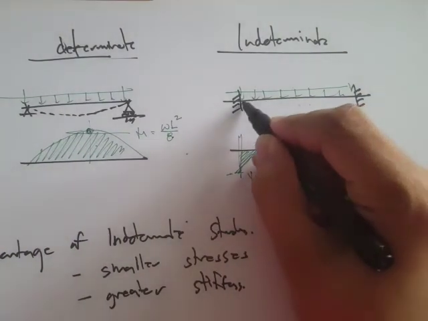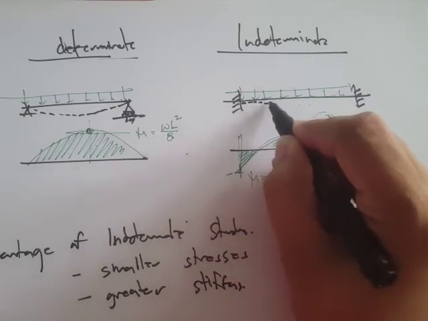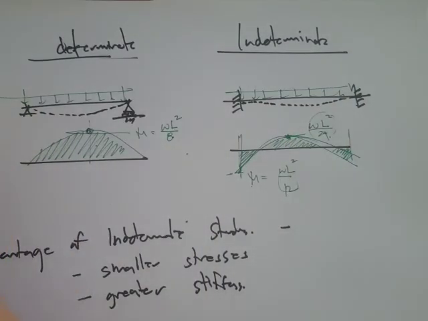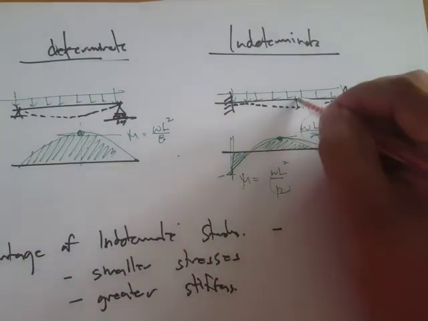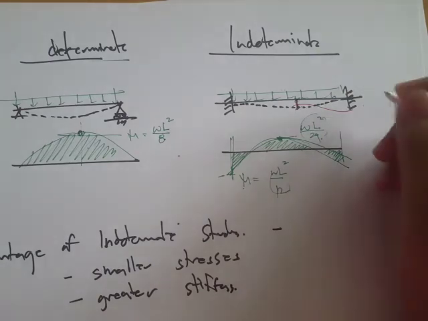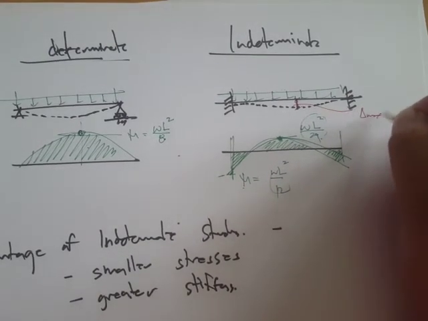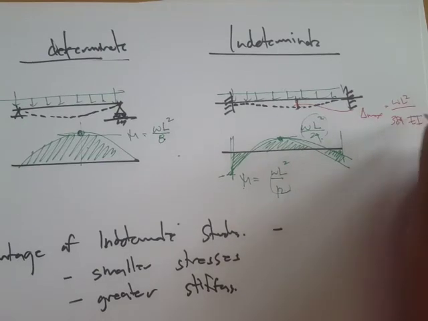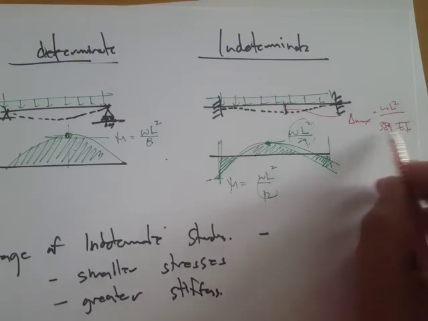Since this is fixed, recall that we have zero deflection at that point, and we have a smaller value of these deflections. I think delta max is WL to the fourth over 384 EI, where I is the moment of inertia and E is the Young's modulus.